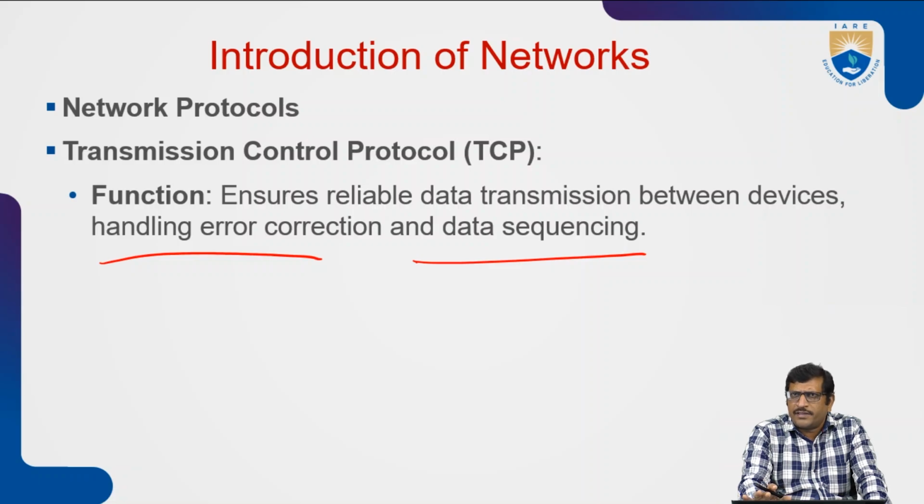By establishing a connection between the two end systems, only then will it transfer the information. After confirming the connection, it transfers the data in sequence. This is very reliable data transmission between devices, and if there are errors, they can be handled and corrected.